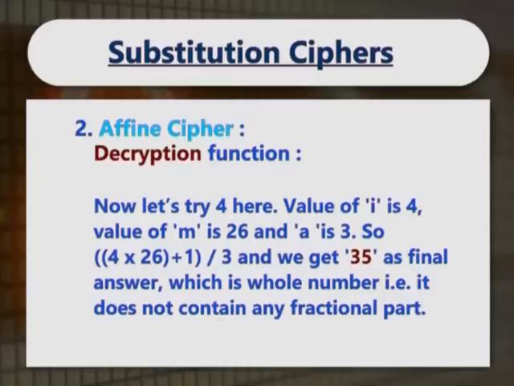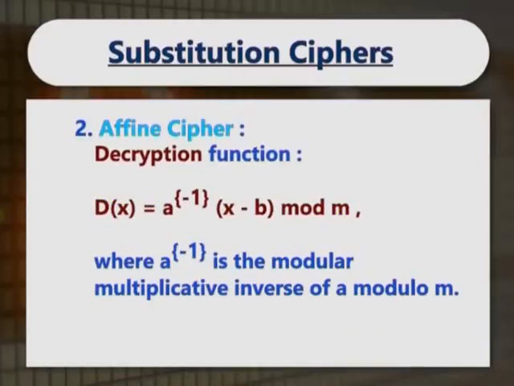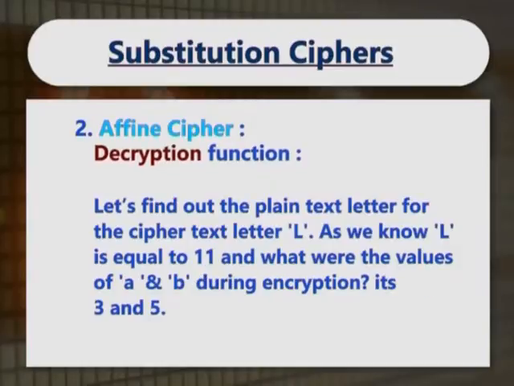Now, we go on and do the decryption. The decryption function is d of x is equal to the multiplicative inverse of a into x minus b mod m. Let us find out the plain text letter for the ciphertext letter L. As we know, L is equal to 11, and what were the values of a and b during encryption? It's 3 and 5.